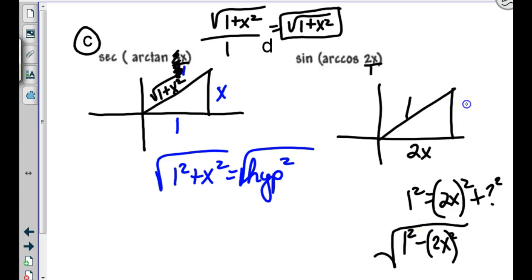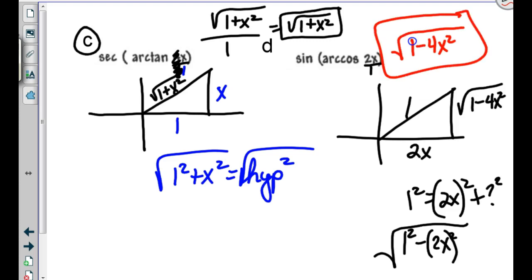Well, 1 squared is just 1. But what's the trick? Everybody's getting it wrong. 2x squared is not 2x squared. It's what? 2x times 2x is 4x squared. So then what's the sign? 1 squared. The square root of, yes. All right.